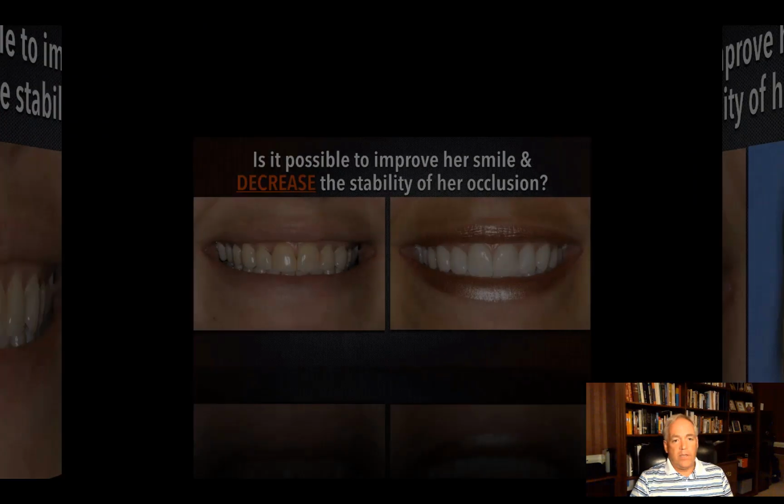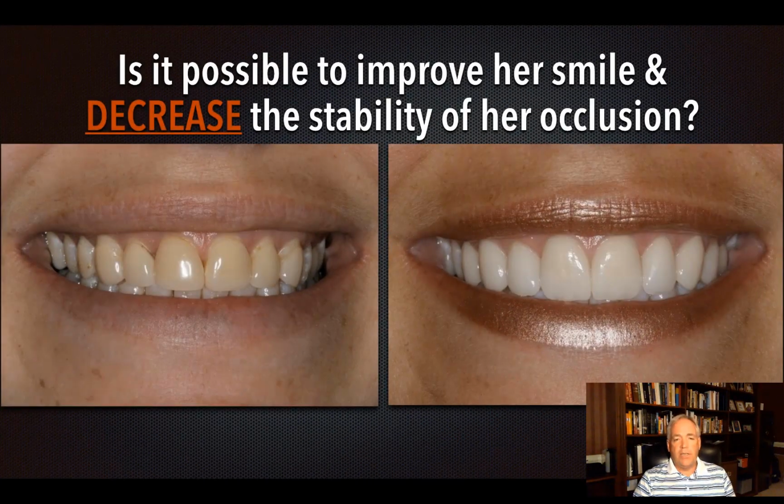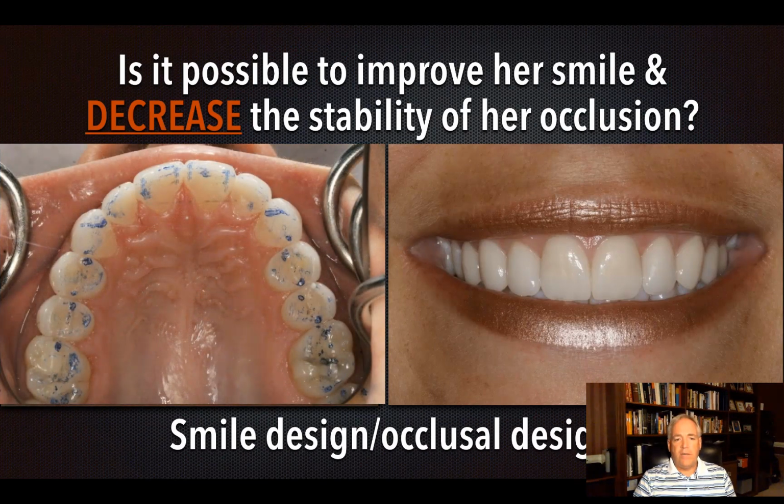And so what we want to share with you is that we can absolutely increase the stability of occlusion. We don't have to decrease it, and we do that by designing, thinking about very specific principles of creating a scenario where people can't rub their back teeth. That concept of anterior guidance, lines in the front and dots in the back.